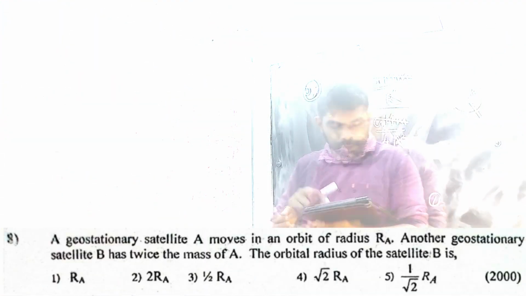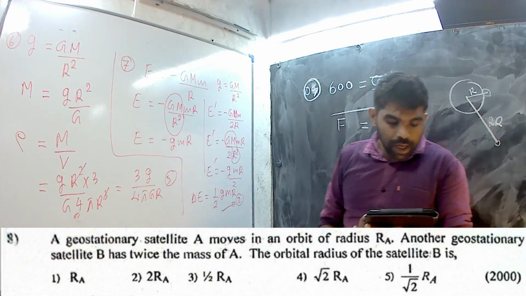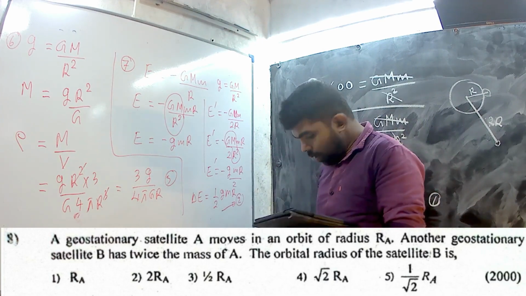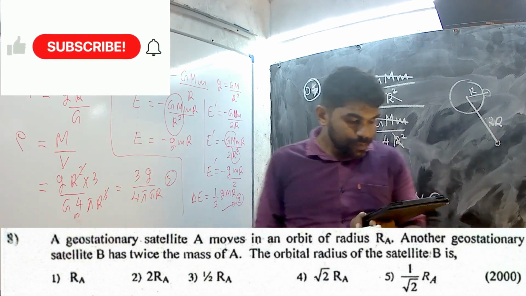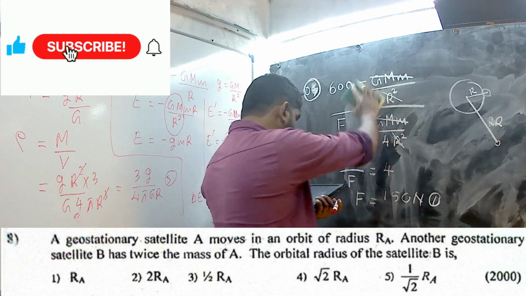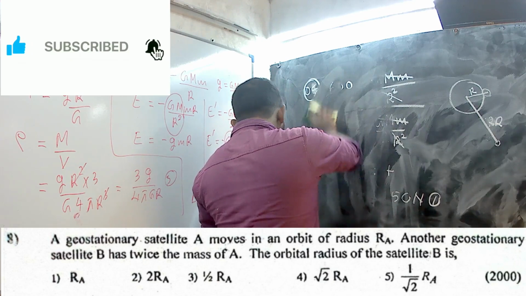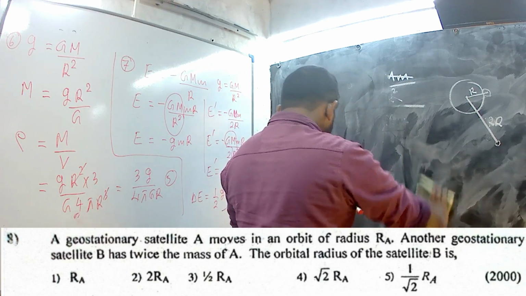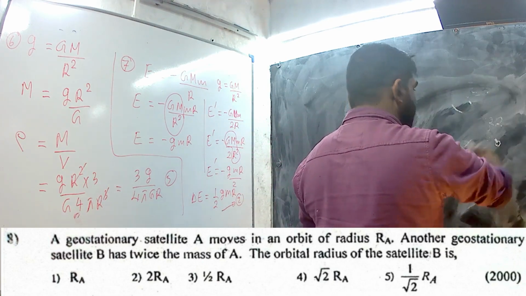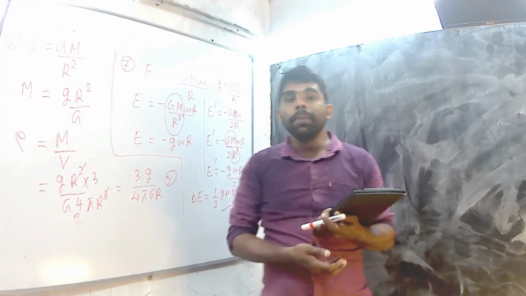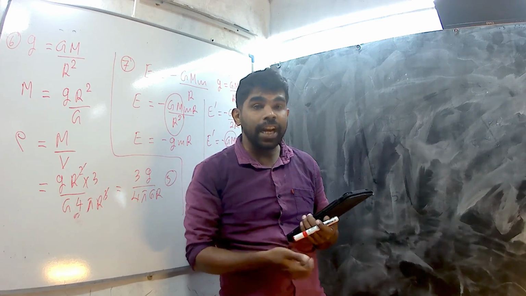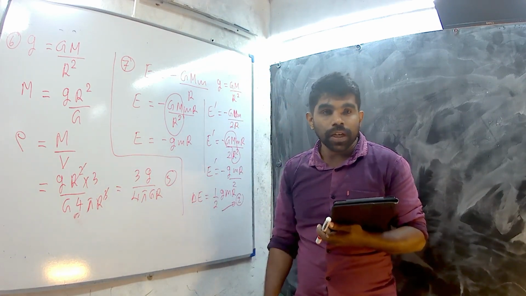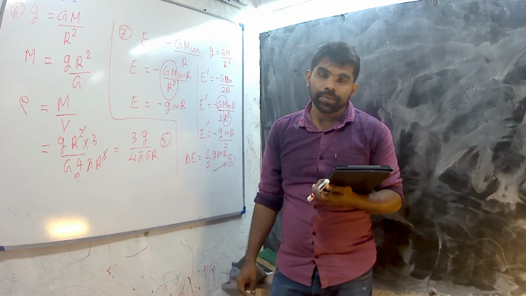Question number 8. A geostationary satellite A moves in an orbit of radius RA. Another geostationary satellite B has twice the mass of A. The orbit radius of satellite B is... The period of a geostationary satellite should be equal to the period of rotation of Earth.